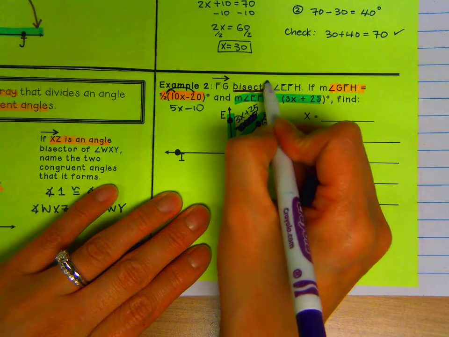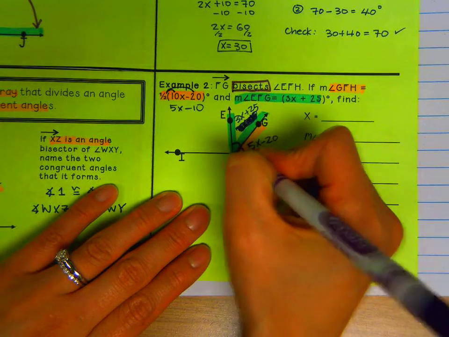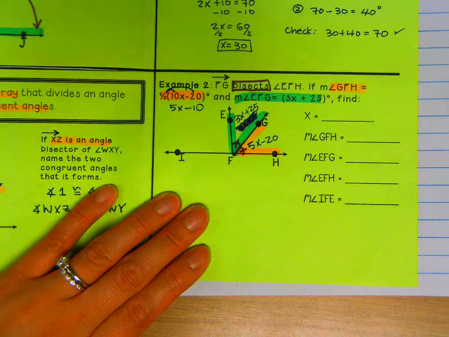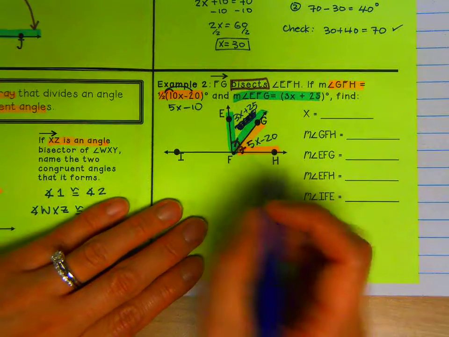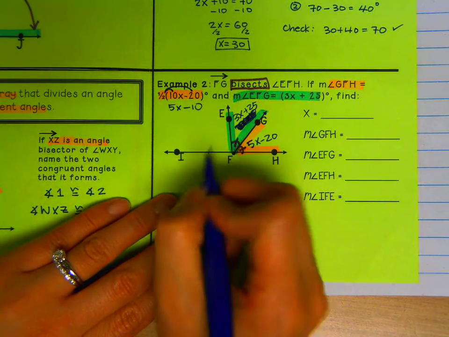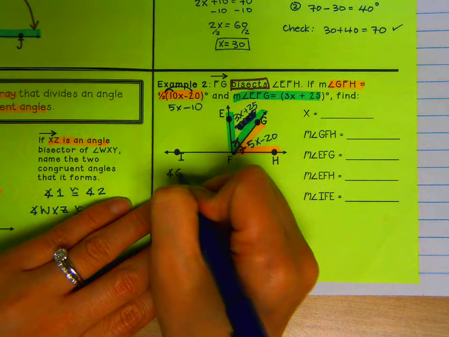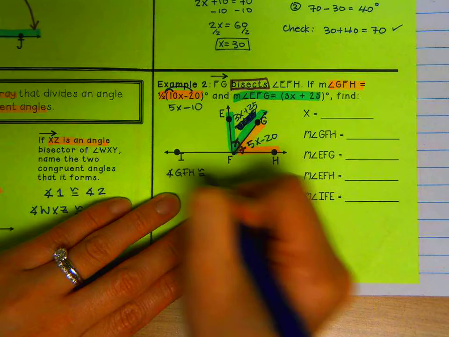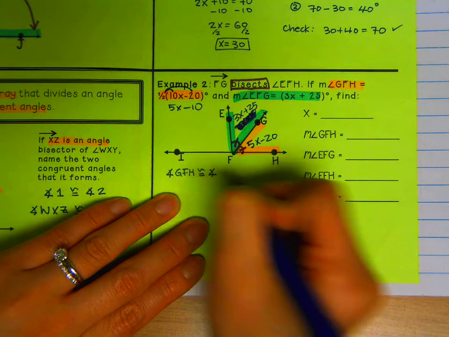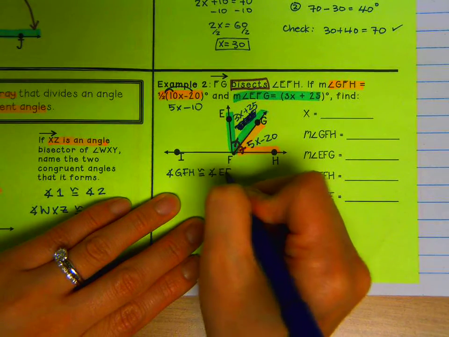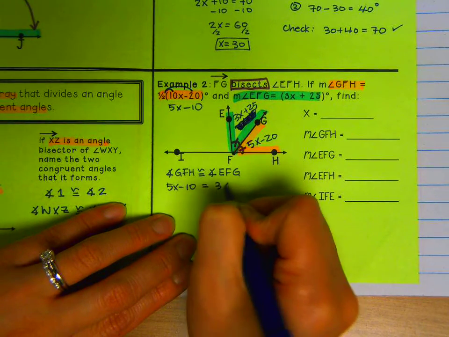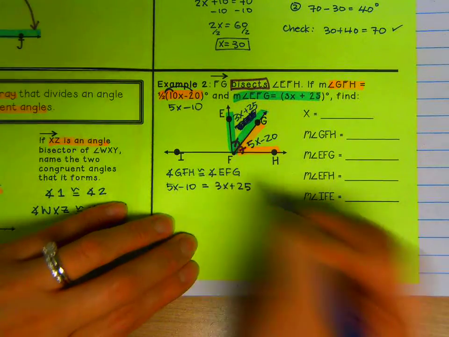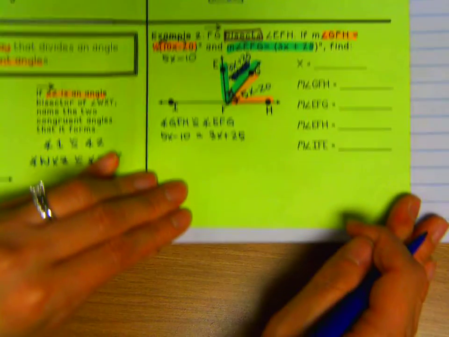The key word is bisect. That means these two angles are equal to each other, so I'm going to put the tick marks to make sure they're equal. I set up my equation as angle GFH is congruent to angle EFG. Then I substitute: 5x minus 10 equals 3x plus 25.